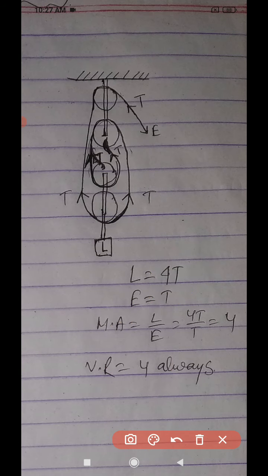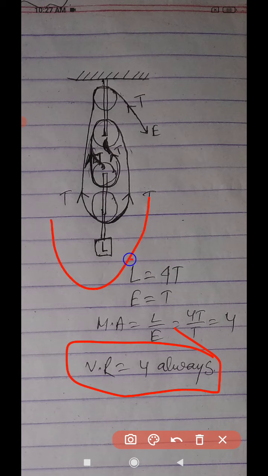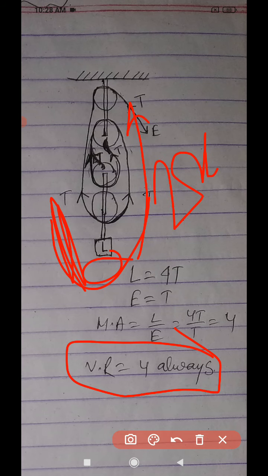Velocity ratio will never change, but mechanical advantage can be changed. Just remember this, because velocity ratio, students, you know, is the displacement of the string, so that will not become lower or greater. The displacement will happen the same way. When I explained velocity ratio previously, you check the x direction. Suppose the effort side moves 2x, then the load side movement is only x.